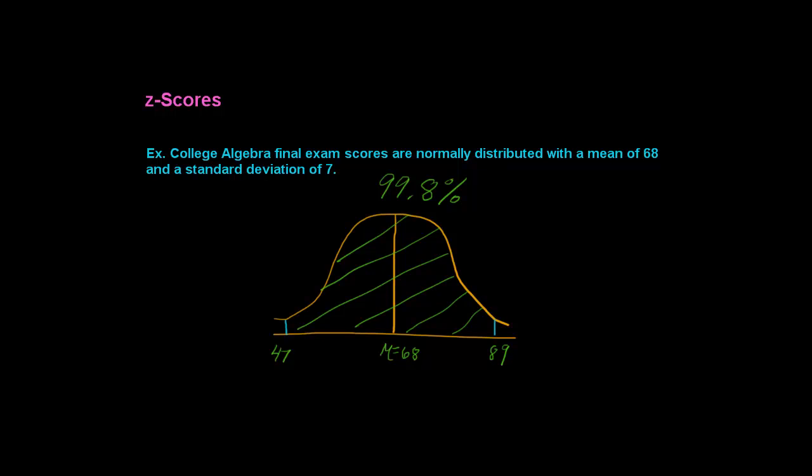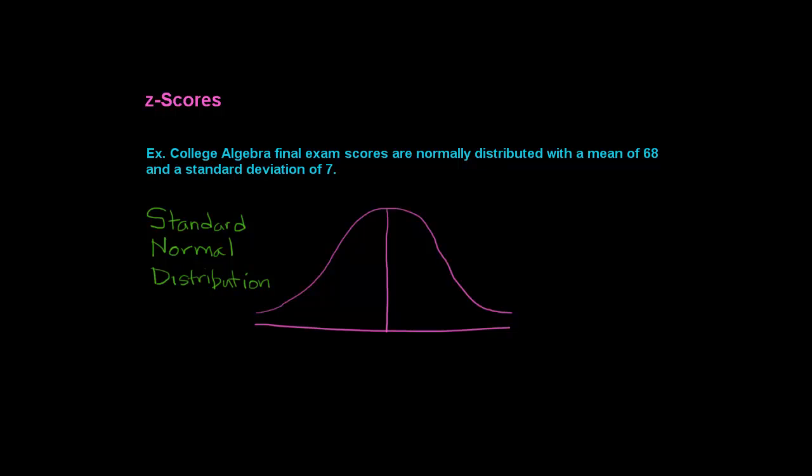Okay, so a z-score, as I said, is found by converting a value to a standardized scale. So that standardized scale is called the standard normal distribution. It has this word standard in front of it. It is bell-shaped. It is symmetrical with this sort of a fold line here between the upper portion and the bottom.